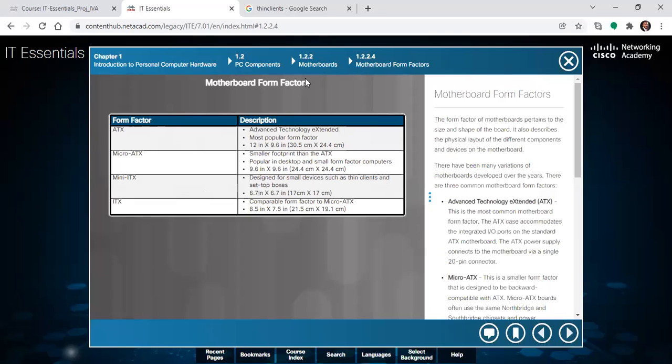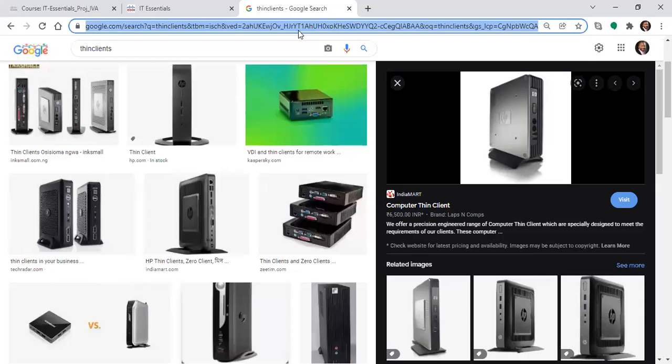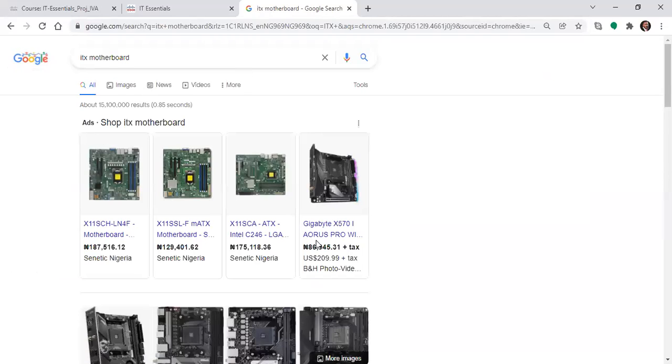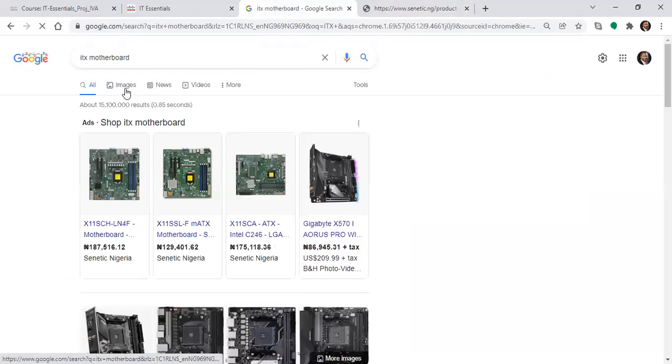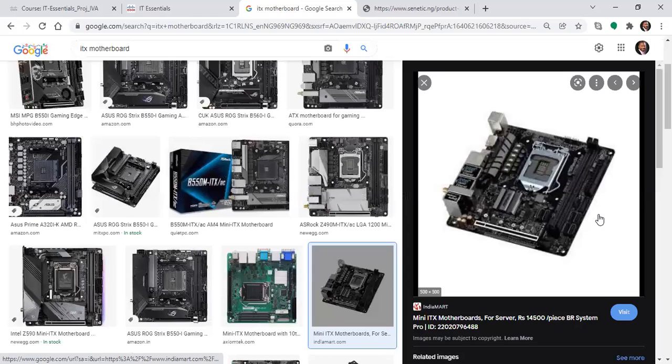So let's check it out. You can see mini ITX motherboards.